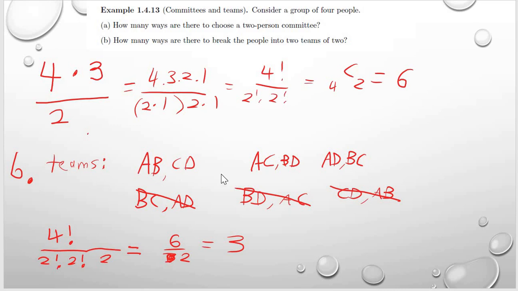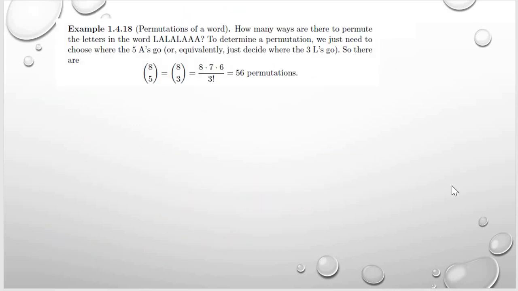And then we will have a problem that involves permuting letters of a word. Well, this isn't much of a word, is it? La, la, la, evidently is our word here. But let's try permuting this. So we have 8 letters, but there's a lot of repetition because we've got 3 L's and 5 A's.